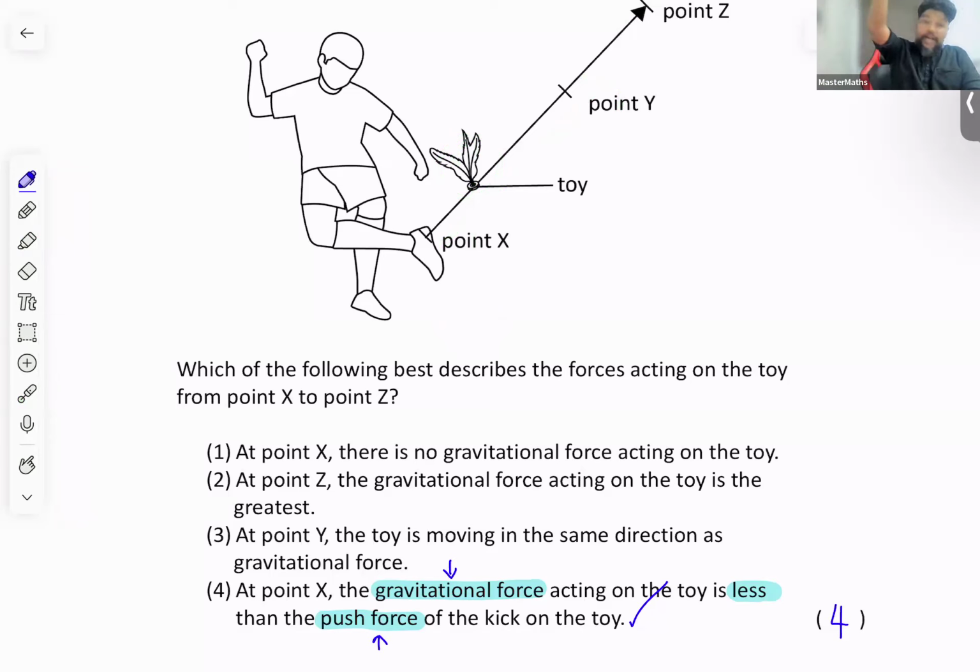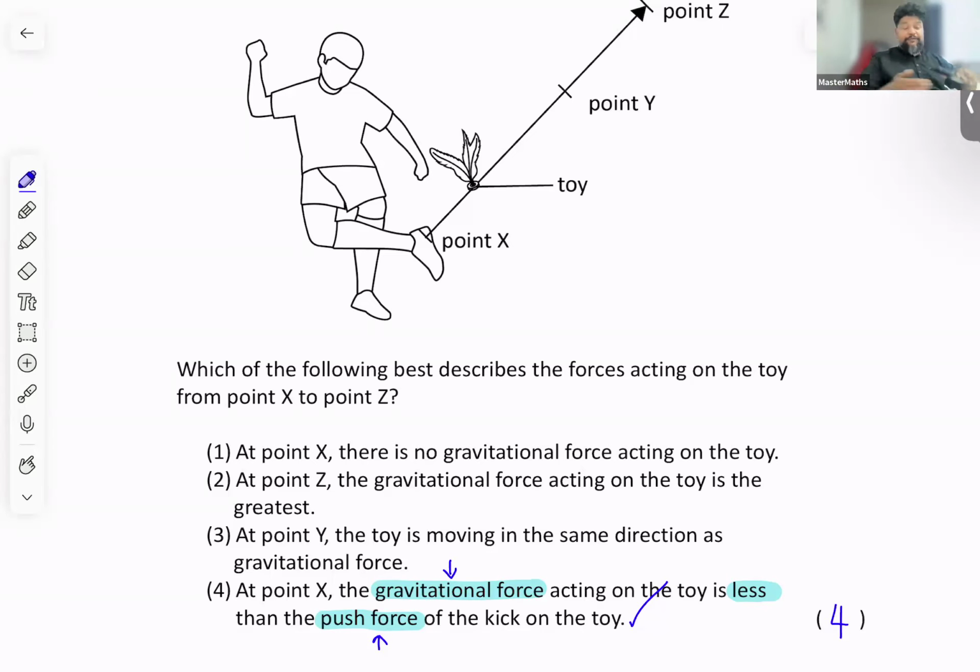If the ball, after you kick, still fell down, then which force is greater, Ayana? Gravitational force or push force? Imagine the ball is coming down, okay? A big bowling ball is coming. Then you use your hand to hit it up, but the ball ignores your hand and goes down. Which force is greater? Gravitational force, which is why it goes in that direction. Objects always move in the direction of the force that is greater.